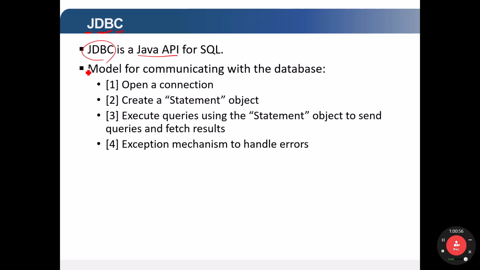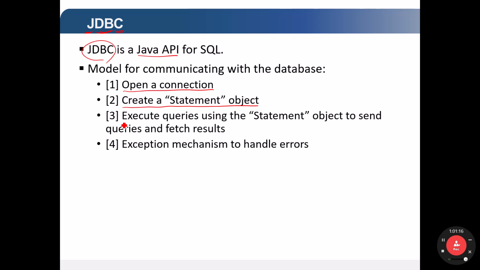Anyway, when you use JDBC, you need to use the Java programming language, and inside the Java program, you need to make a database connection, and then you need to create a statement type object to store SQL queries.